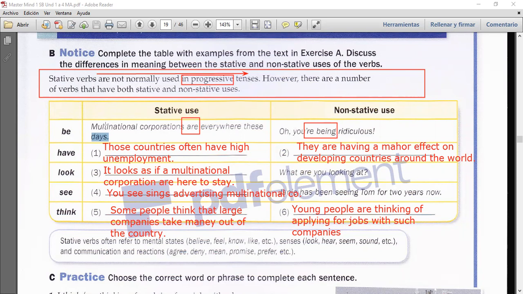What's the difference between multinational corporations are everywhere these days and you're being ridiculous? A non-stative verb is used in progressive. At that moment, you're seeing somebody, and you can say you're being ridiculous.